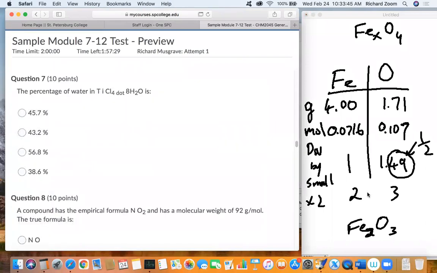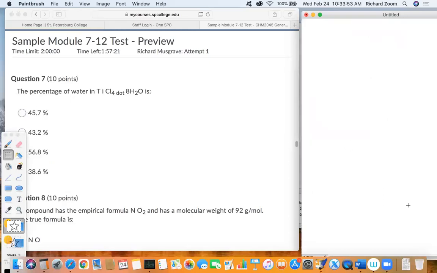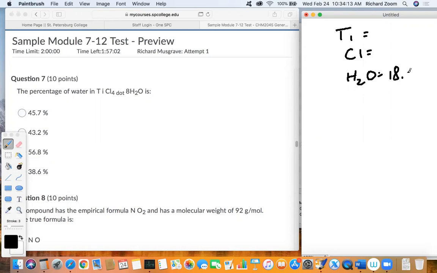The next one, we're looking for a percentage of water in TiCl4.8H2O. So let's see how we do that. What you'll need is the atomic mass of Ti and chlorine and water as well for the molecular weight. Now water I know is 18.016, so I got that one memorized.